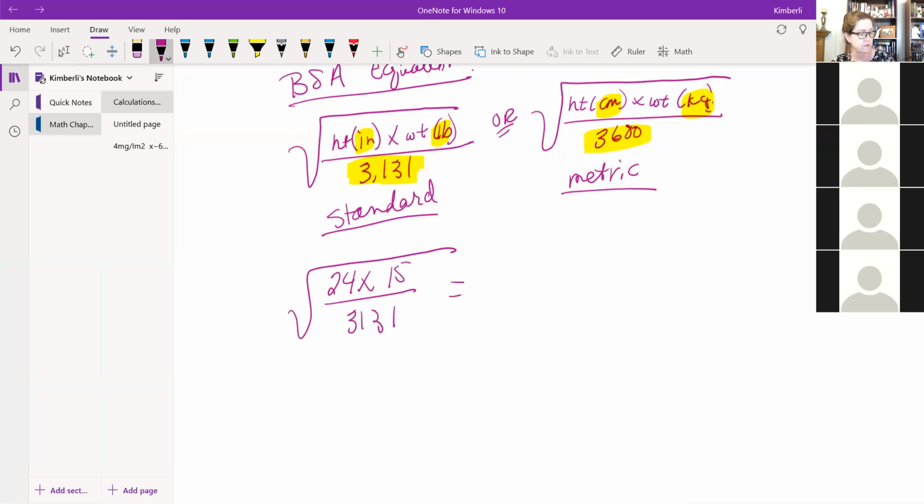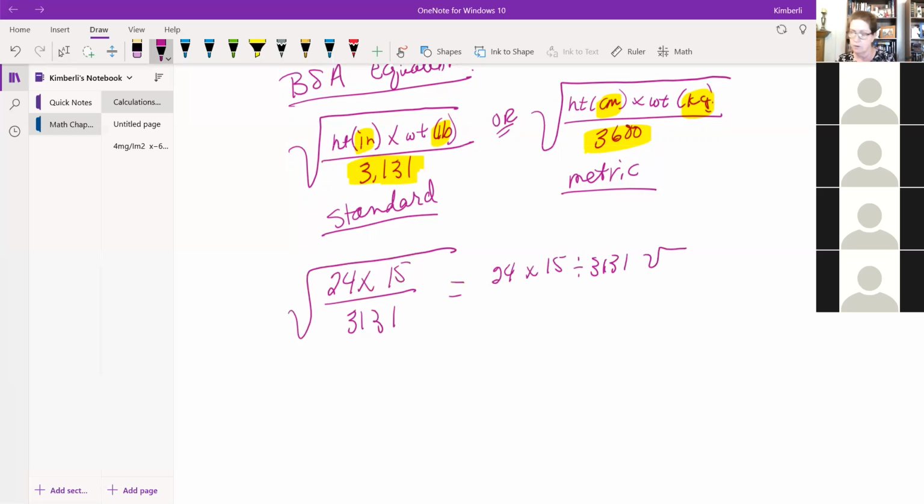Now, most of us have a calculator with a little square root button. Mine's up here in the corner. The way I'm going to punch it in my calculator is 24 times 15 divided by 3131, and then hit the square root button.